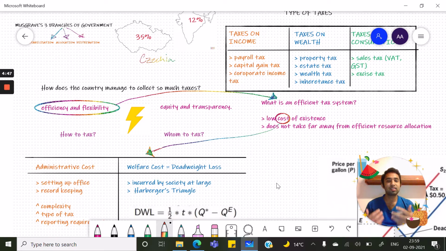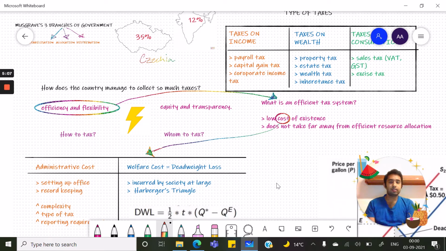So a taxation system should be such that people should not even realize that they are paying taxes, right? It should have a very low cost of existence, or a painless existence, I should say, from the perspective of the taxpayer citizen.